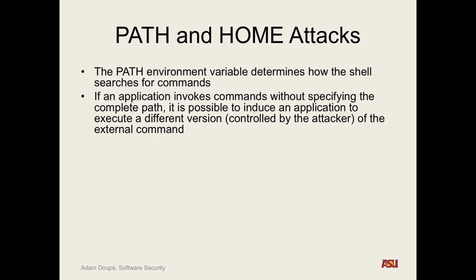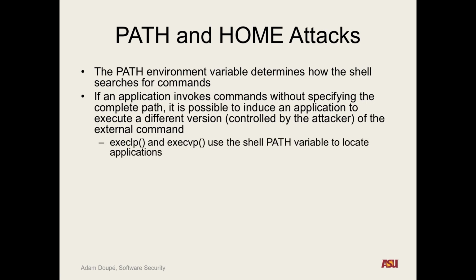So the idea is, if our setuid application is invoking commands without specifying the exact path, then maybe we can control it to execute a different version or something that we control. Specifically, the system calls execlp and execvp use the shell path.